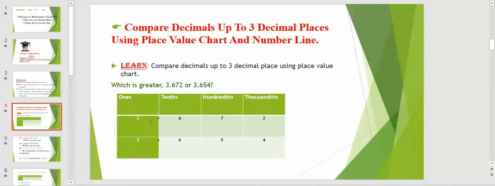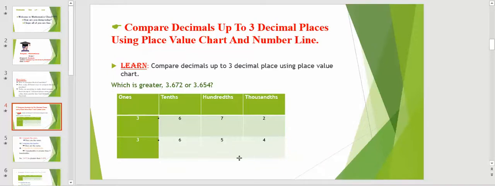So 3, we write 3 in ones, then the decimal point, then 6 in tenths, so you write 6 right there, and 7 is in hundredths, so you write it right here, and 2 is in thousandths. This is how we write on the place values, and for the next number, 3.654, you write in order like that. 3 is in ones, 6 in tenths, and so on like here.